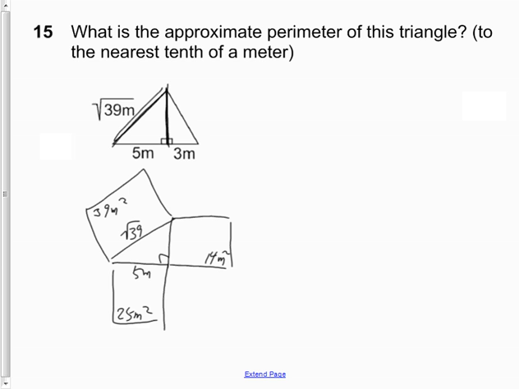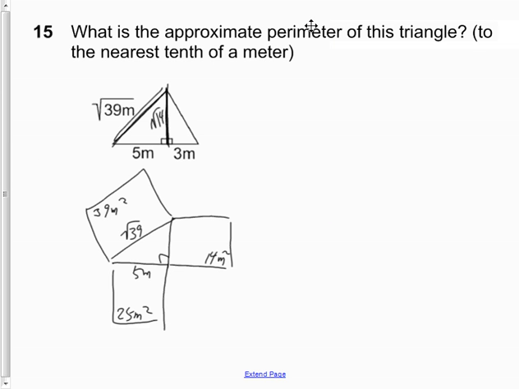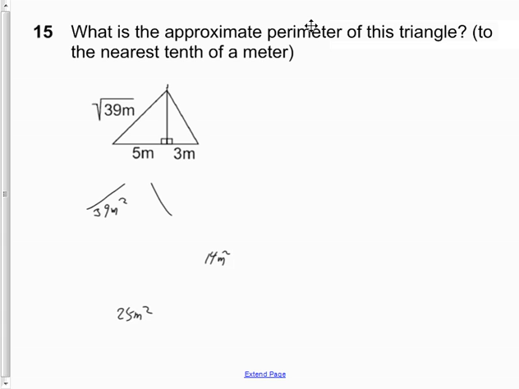Okay, 15 is too tough because the actual length of this is the square root of 14, which is approximately, oh, this is going to be awful. Let's just do it anyway. The square root of 14 is roughly 3.7, which makes this length here 3.7.